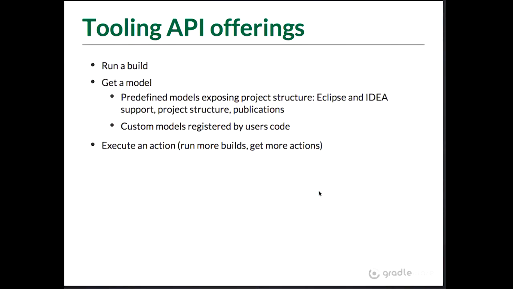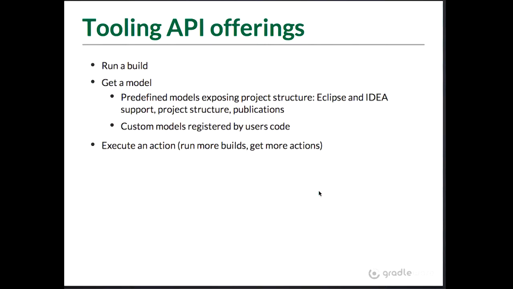And we will talk about that thing that Szczepan mentioned: how do we do that evolution in a way that various versions of the tooling API can talk to a different version of a Gradle build, with backward compatibility and with forward compatibility? Like the older version of the tooling API can talk to a build which is using a much older version of Gradle, but we expect that it will be possible to talk to a build that is using a newer version of Gradle.